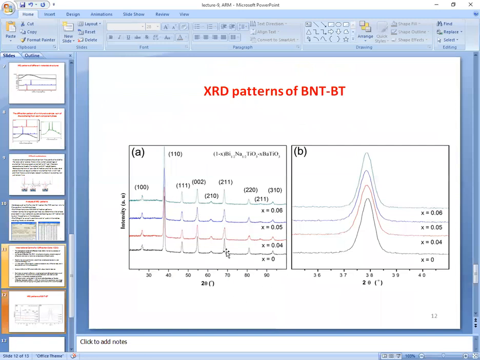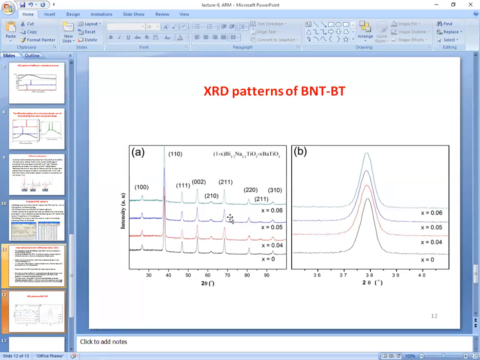So this is the actual data which we have obtained experimentally, and this is about the bismuth sodium titanate material. We have fabricated this material, as we discussed in the previous classes, by the sol gel method, and when we characterize it by the XRD, we obtain this data, and it is a single phase material.